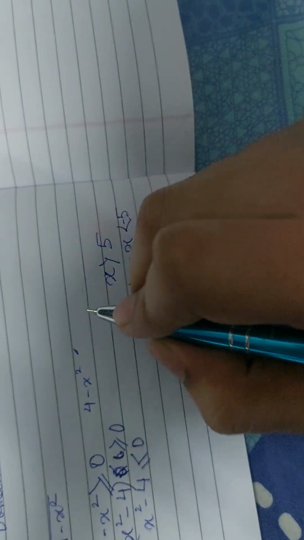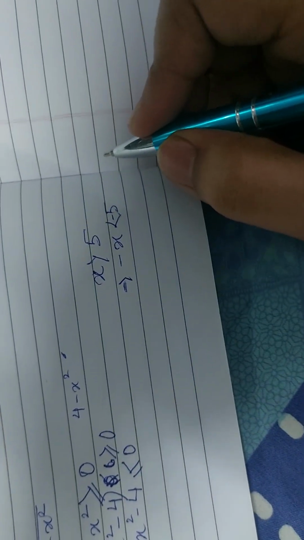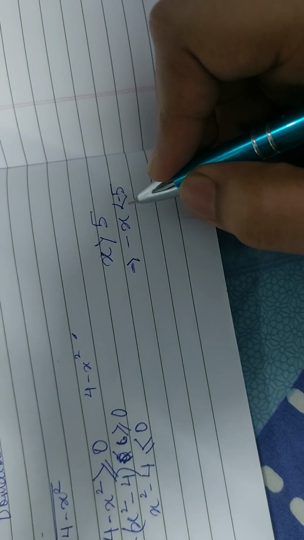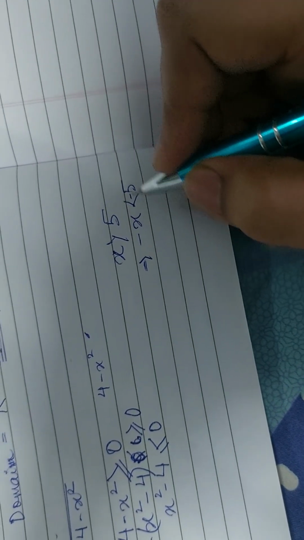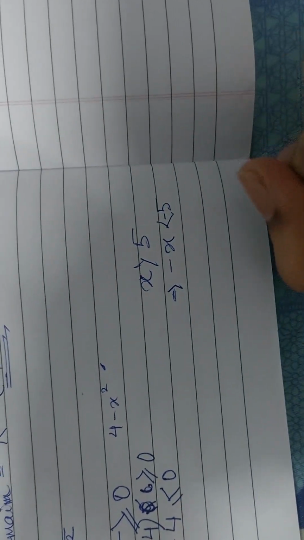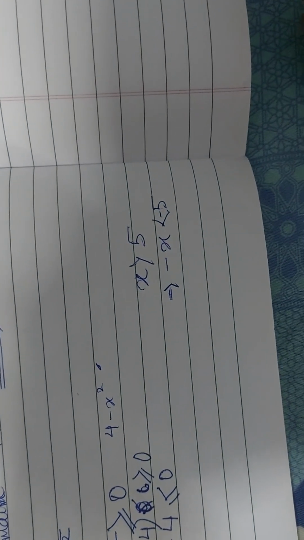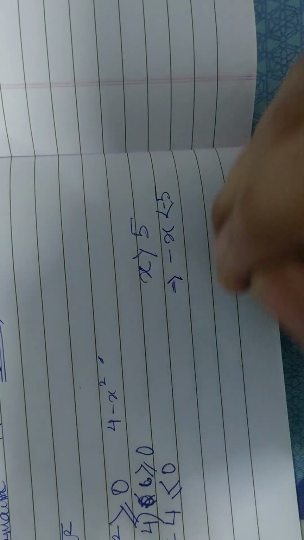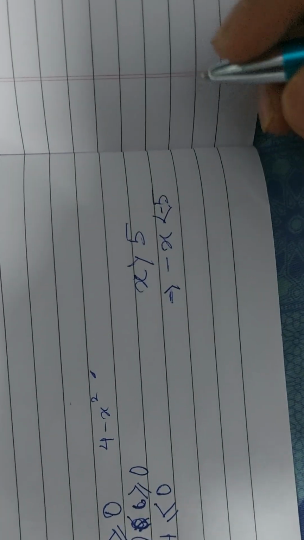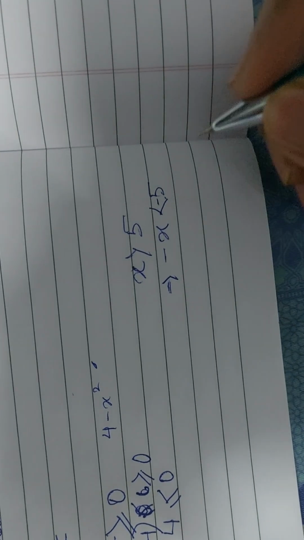For example, suppose x is 6, 6 is greater than 5. Now if we change the sign for both sides, then minus 6 will be lesser than minus 5, as we know from the number line, that minus 6 is lesser than minus 5. That is the whole point. See how this logic fits.